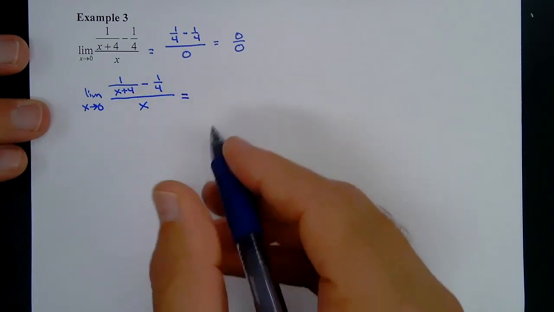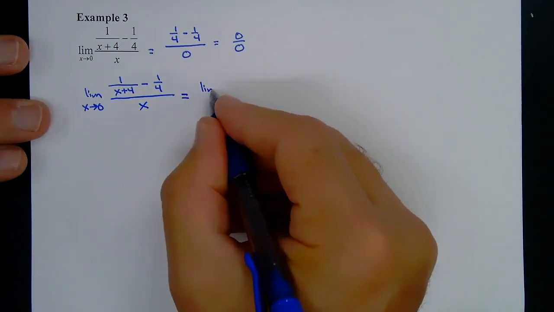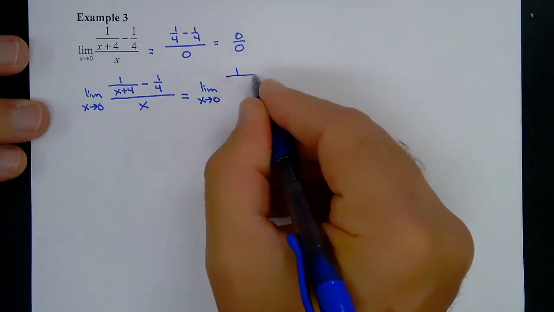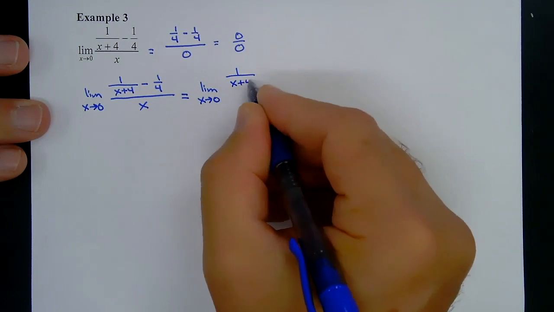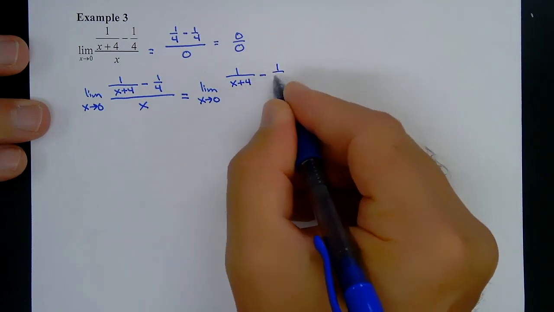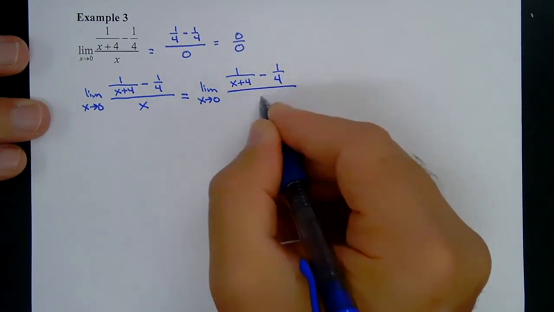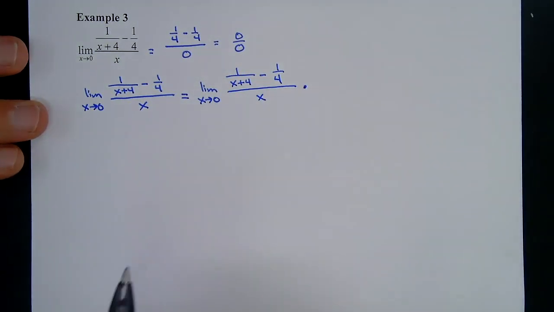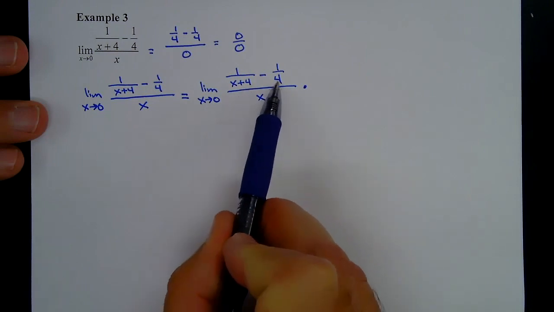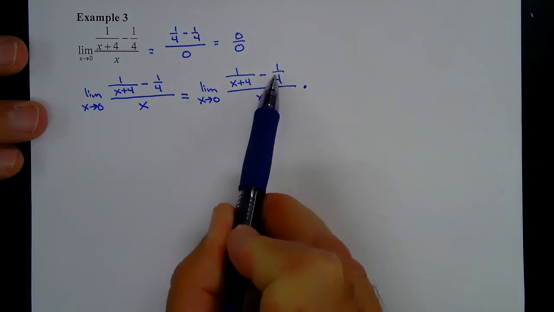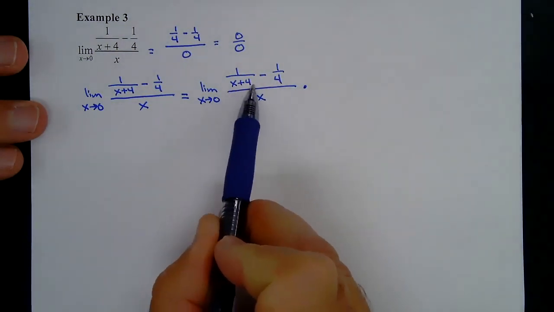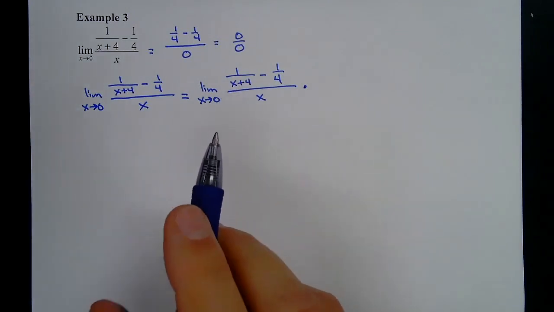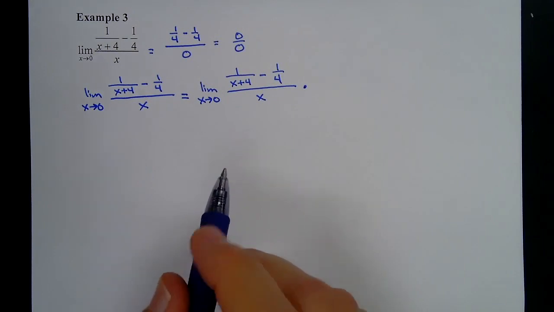That's going to be equivalent to the same thing, and then we're going to modify it. What's causing this to be a complex fraction is this denominator of 4 and this denominator of x plus 4. So I can multiply by 4 and also x plus 4.